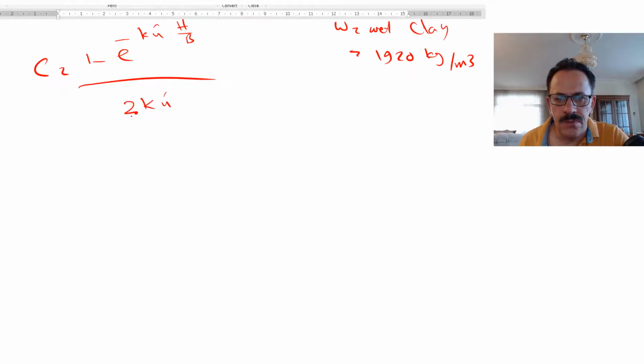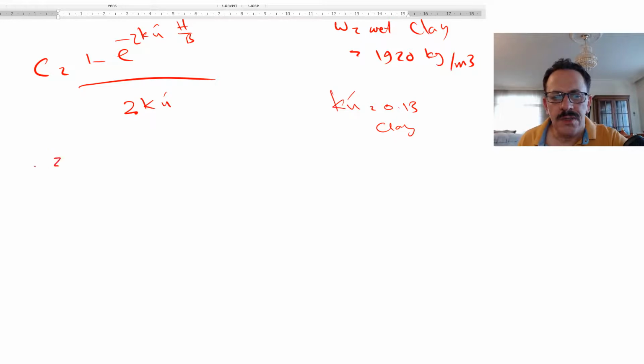This is 2, and there's 2. So Ku bar, which is the product of K, the ratio of lateral earth pressure to vertical earth pressure, and U bar is the sliding factor. It's 0.13. This is for clay.